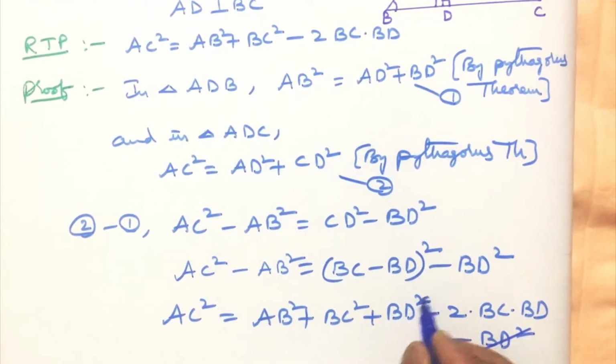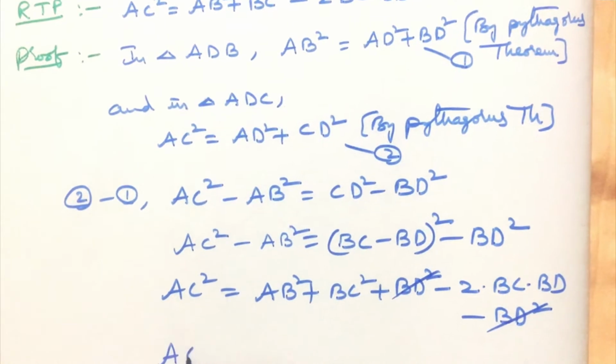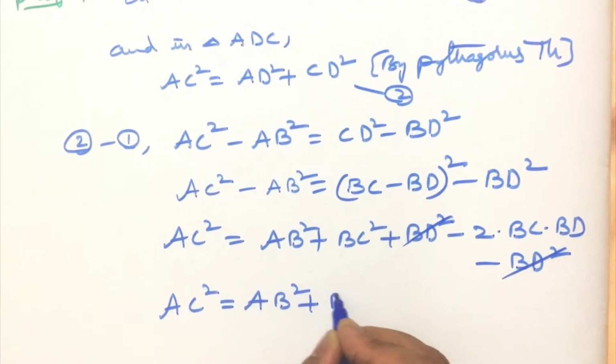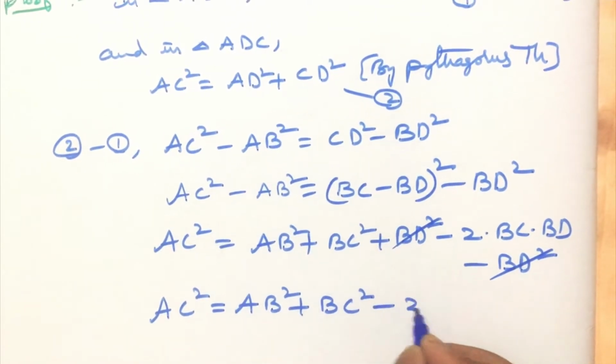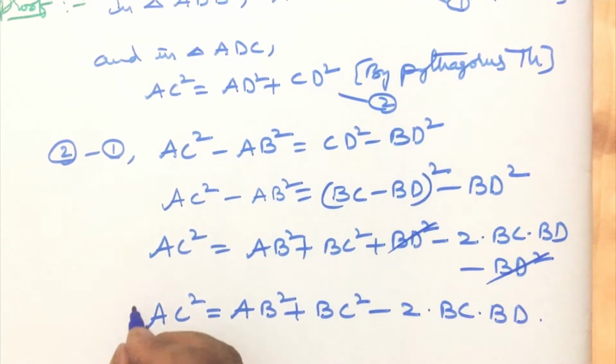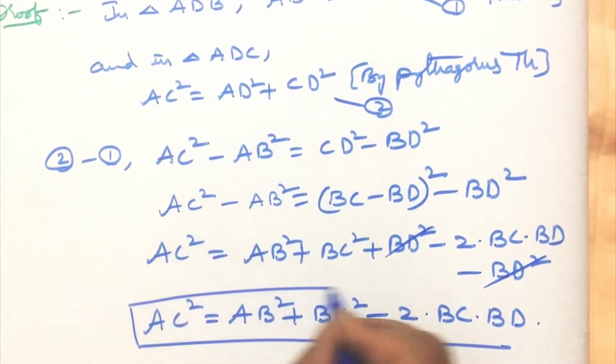These two get cancelled. So what is left is AC square is equal to AB square plus BC square minus 2 times BC into BD. This is said to be the acute angle theorem.